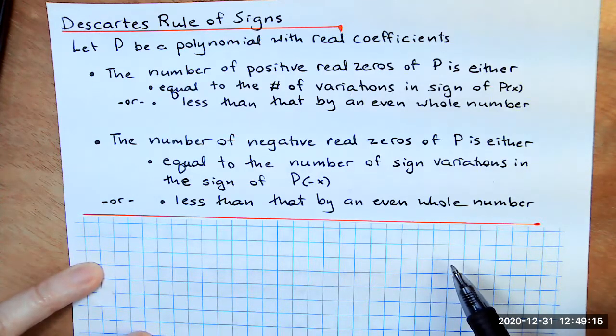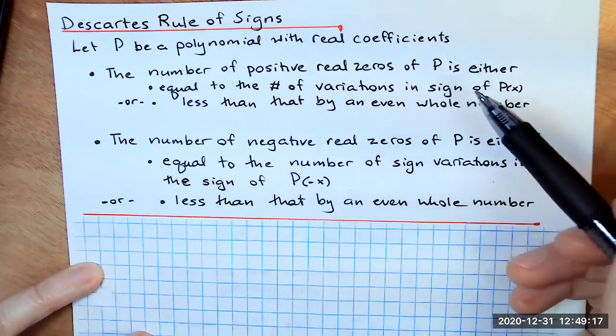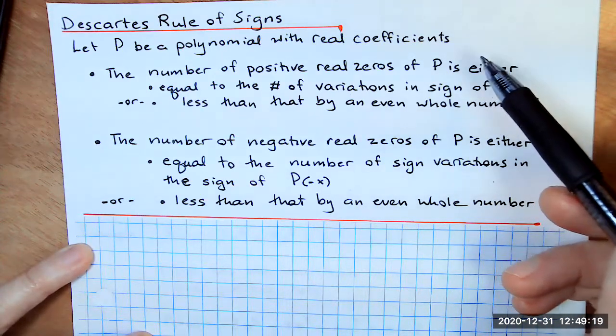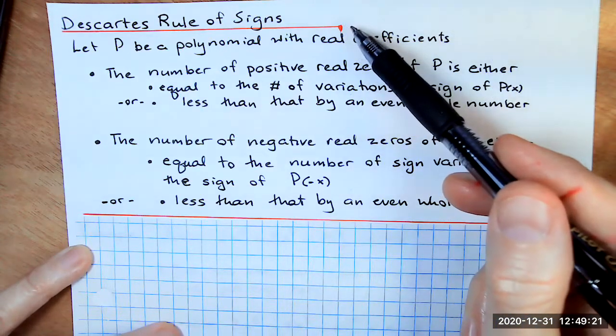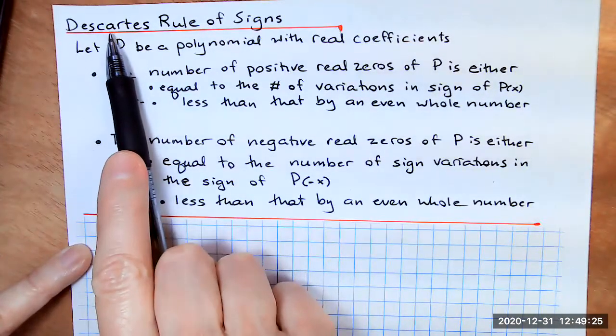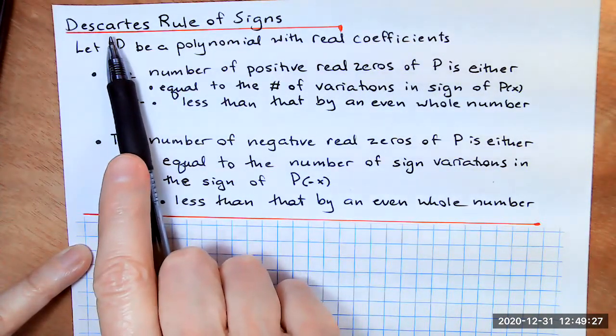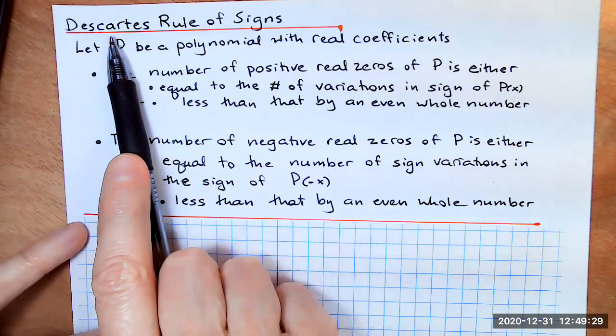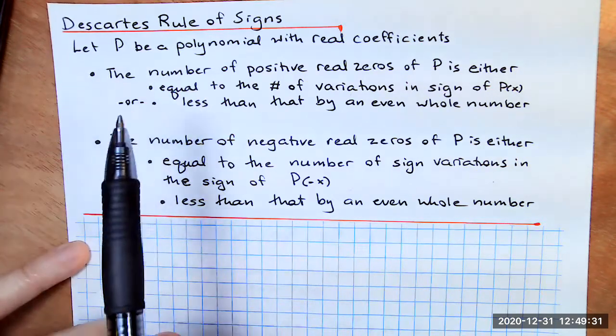All right, well, one way to know the number of zeros of a polynomial is using Descartes' rule of signs. You may remember Descartes from the first chapter. He's the guy who came up with the Cartesian coordinate system and named it after himself.